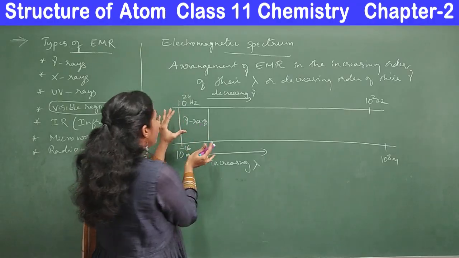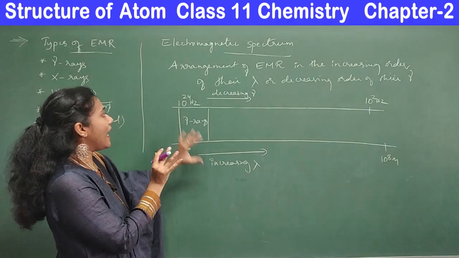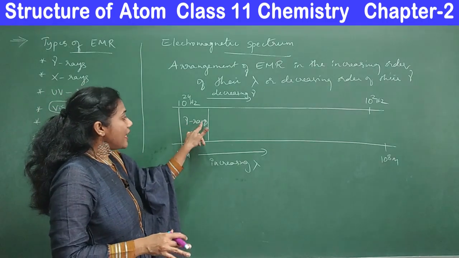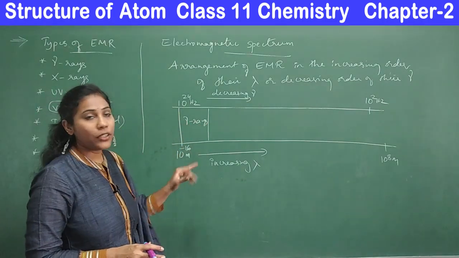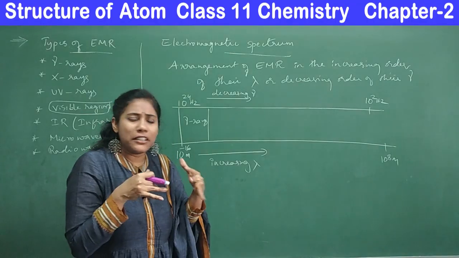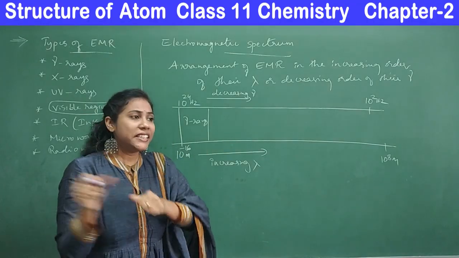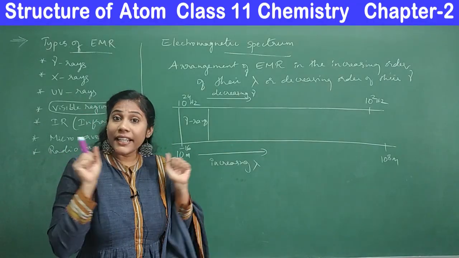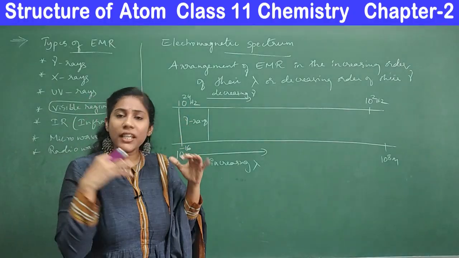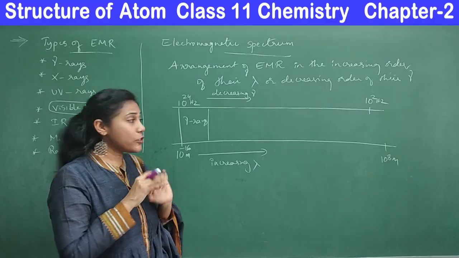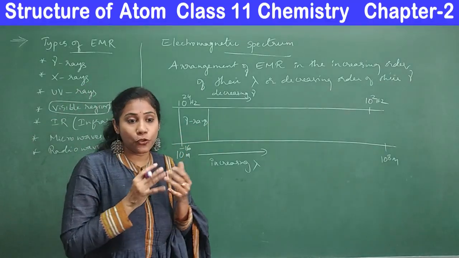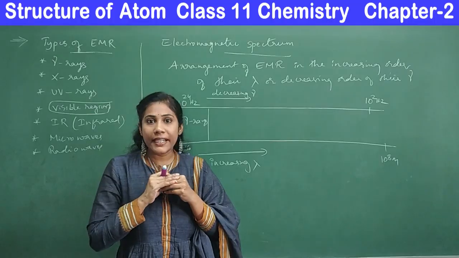Your gamma rays will have high frequency and less lambda. So I can say these are the rays with high energy. More frequency in the sense their energy is also very high. They are the most powerful radiations. They travel very fast and they are dangerous too. Radiations which have high frequency and high energy are always dangerous. When we get exposed to gamma rays and X-rays, our cells will get damaged, right?